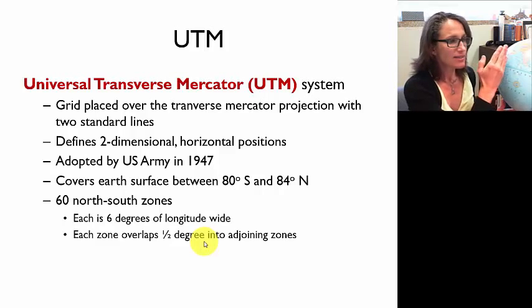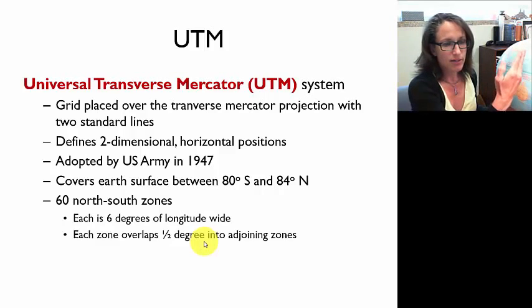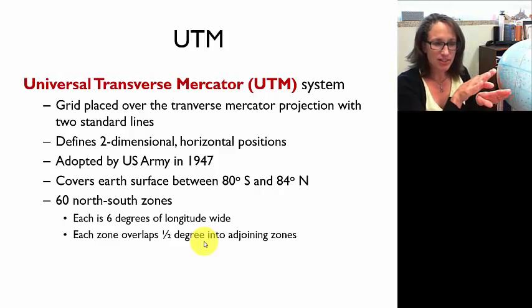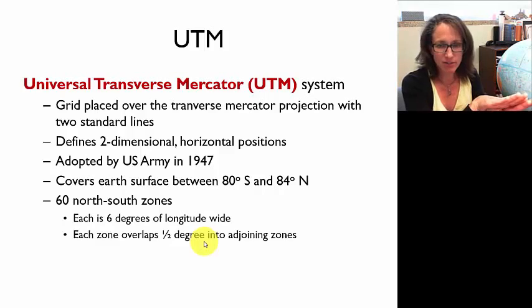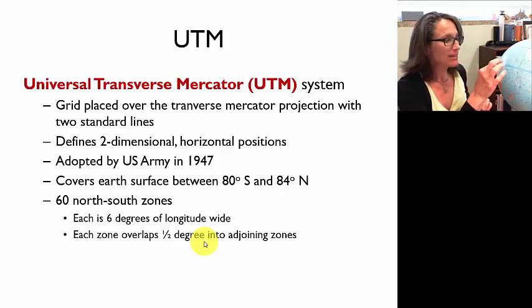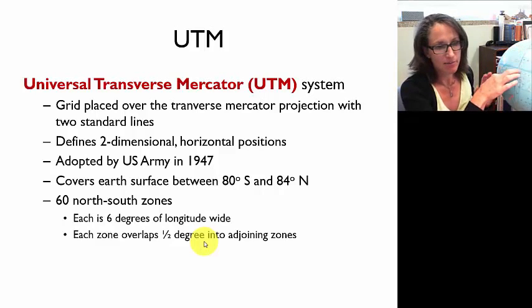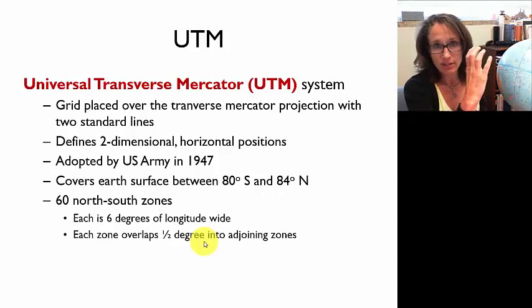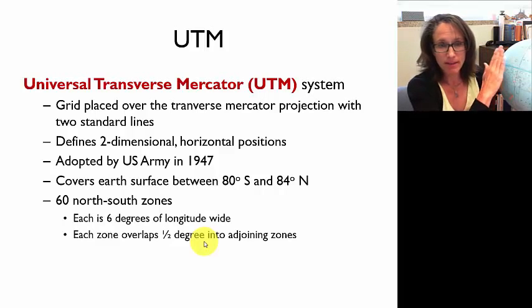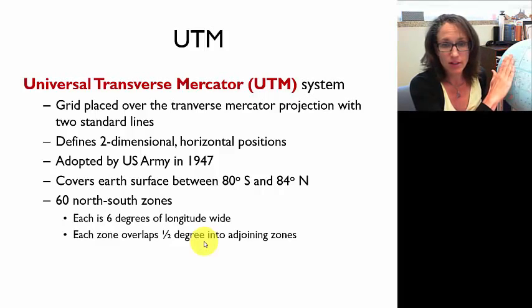So we have 60 of these north-south running strips around the globe. Each strip overlaps the next strip by a half a degree. So remember, the least amount of distortion is along that line of meridian, along that line of tangency of the cylinder's connection to the globe.